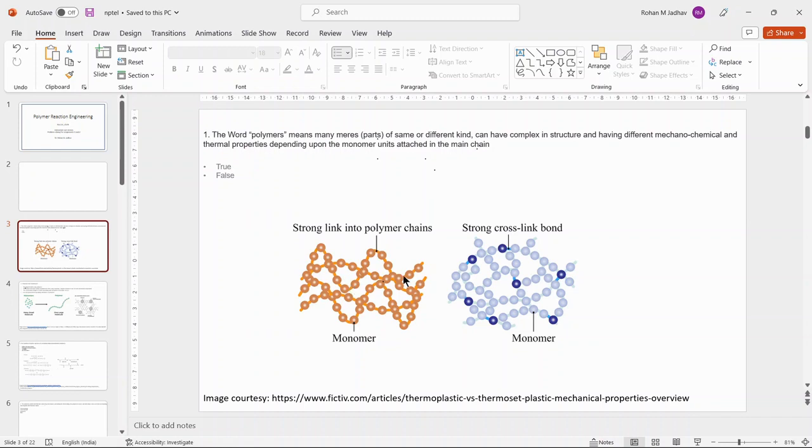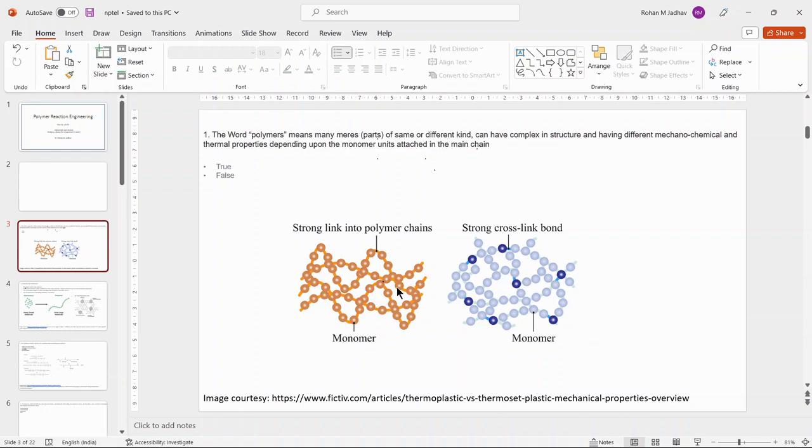You can see here two different kinds of polymers. These small spherical beads are the monomers, which are arranged in a chain fashion, forming the polymer chain. These polymer chains will have different mechanical and chemical properties depending on how they are joined and what kind of monomers are joined.